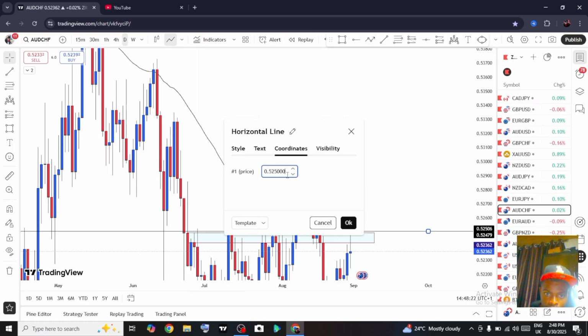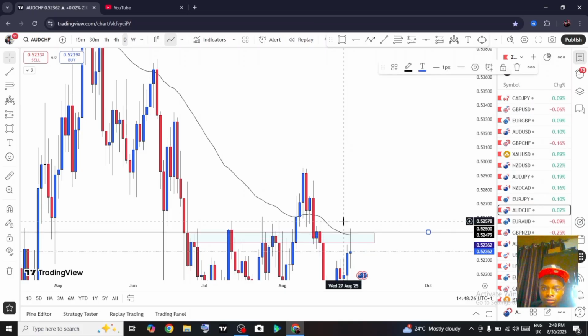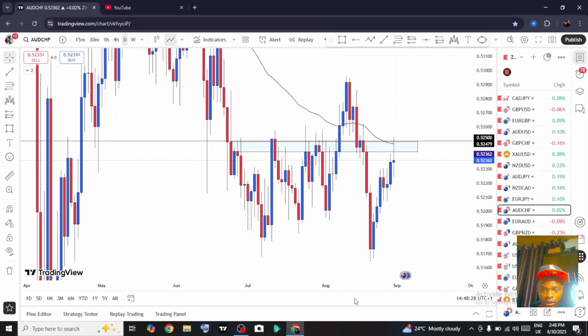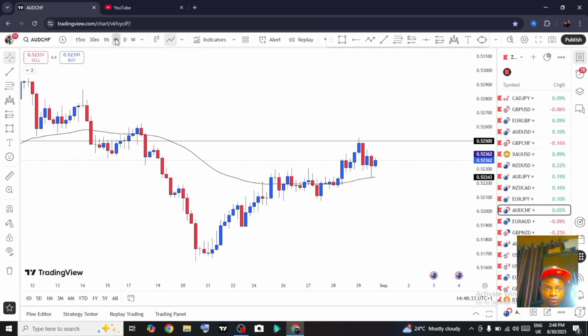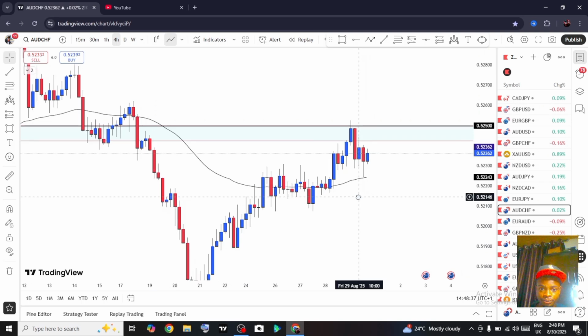All right, so we have a round psychological level around here, and then the 4 hour time frame is actually bullish, and I'm going to count this as the higher high and this one right here as the higher low.